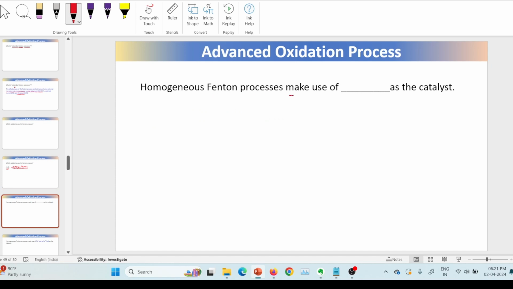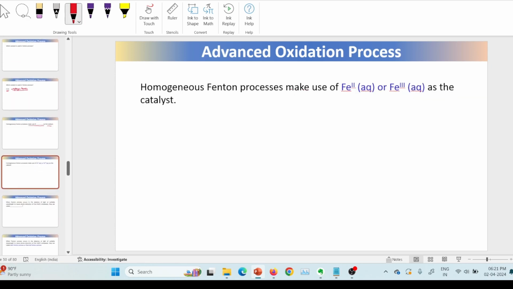Homogeneous Fenton processes make use of which thing? Iron 2 plus and iron 3 plus in aqueous phase as a catalyst. So homogeneous means both will be in the same phase. The catalyst and the water are both in aqueous phase. When both are in the same phase, this is called a homogeneous process.